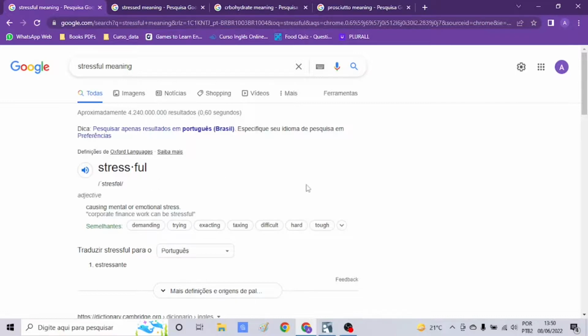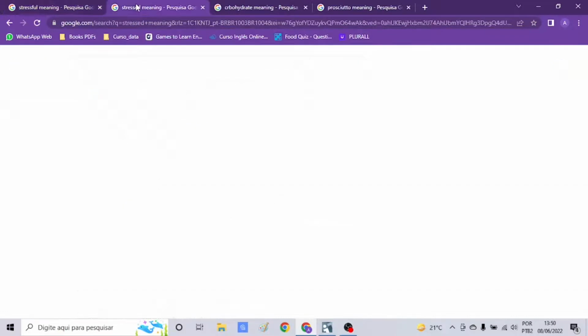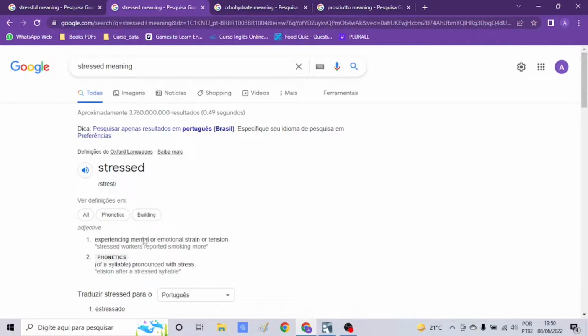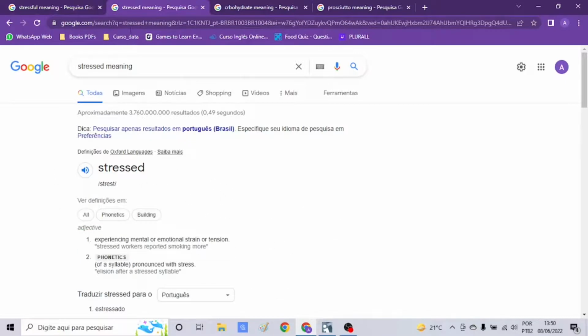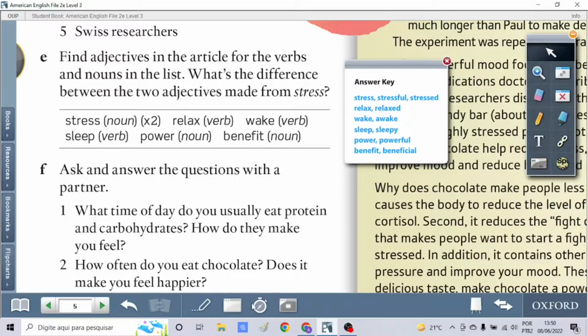So, working for long hours is a little stressful. Stressed, the adjective, is like experiencing mental or emotional strain or tension. So, this is usually a state. I am stressed today. She is a stressed person. Stressful is the thing. Something is stressful. Stressed is the person, the person who is stressed at that moment. Okay?